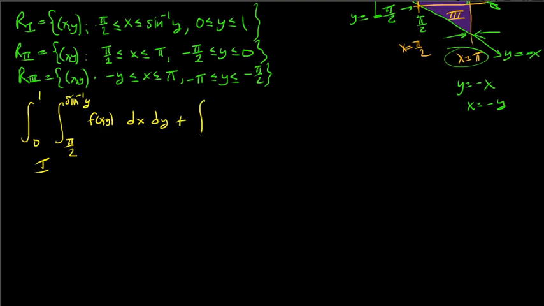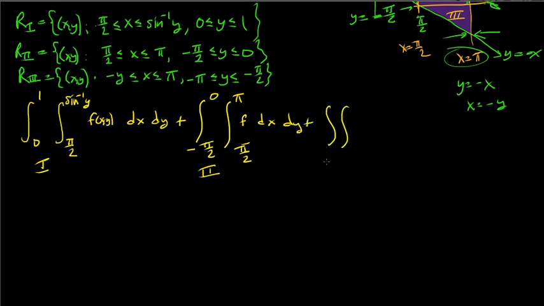Plus, now the integral for region 2. Remember this is f, and we're doing dx then dy, so x goes from pi over 2 to pi, y goes from negative pi over 2 to 0, plus, and then for region 3, the triangular region, I should mention that this is a function of x and y.